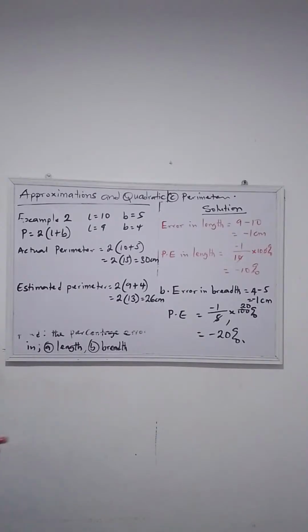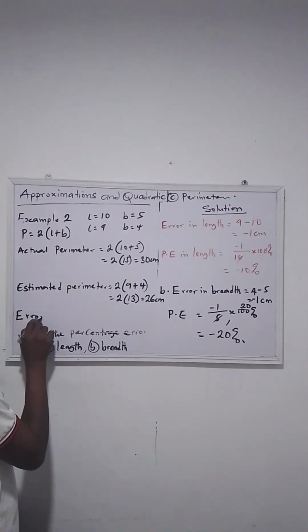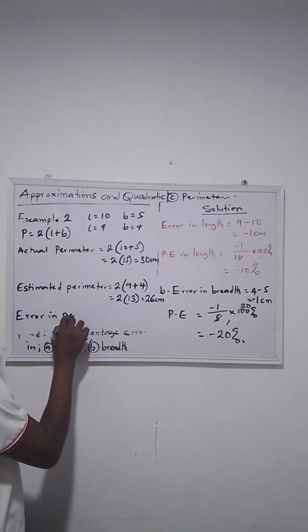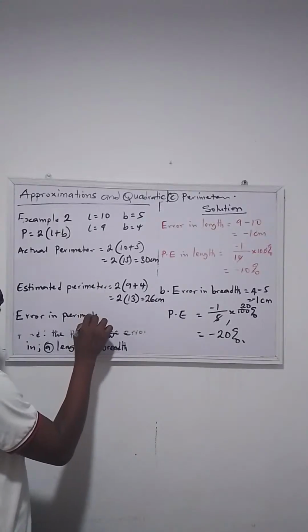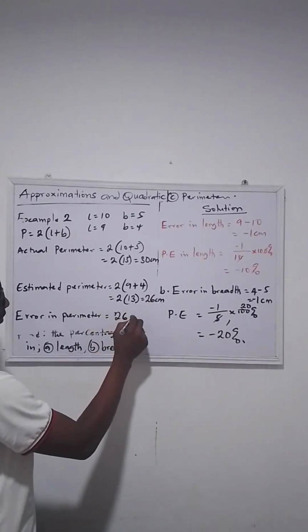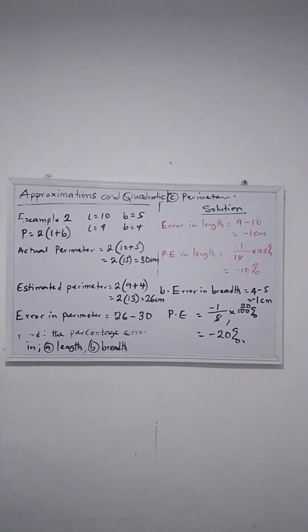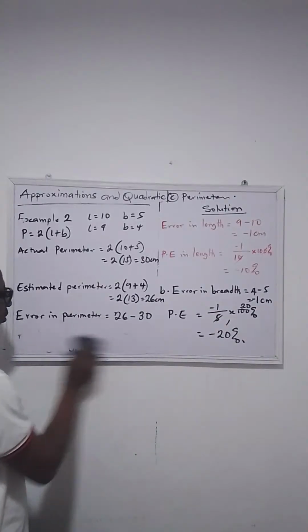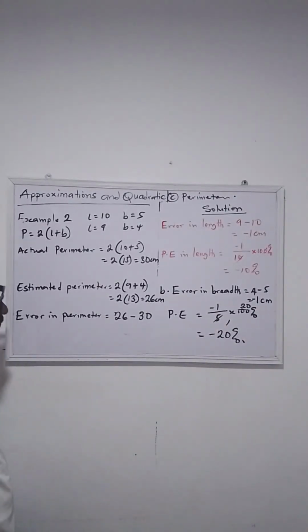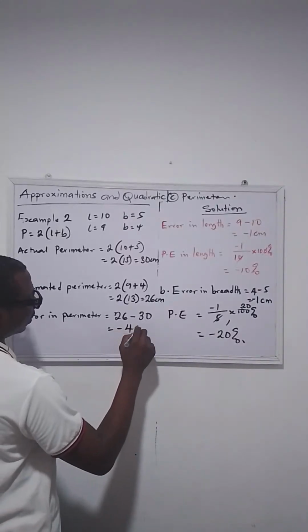So what is the next thing? Now we find the error in perimeter. So error in perimeter now gives you the estimated, 26, minus 30. So what do we have now? That's going to give us negative 4 centimeter.